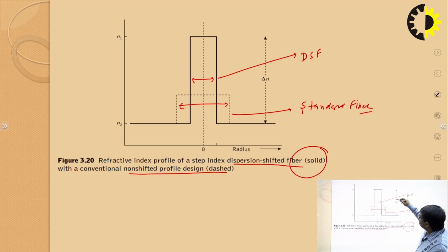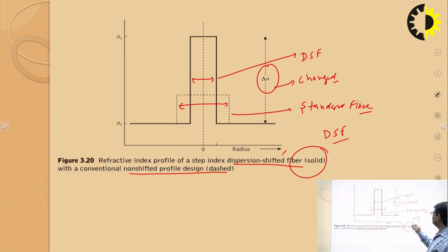We have also changed this delta n, that is the index profile. So by changing this index profile and by varying the diameter, we will get the dispersion shifted fiber, that is DSF. In a similar way, by modifying the structure, we can get additional types of dispersion modified fibers.